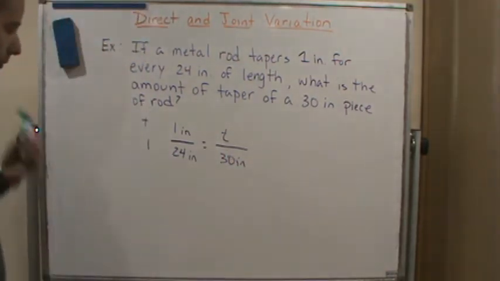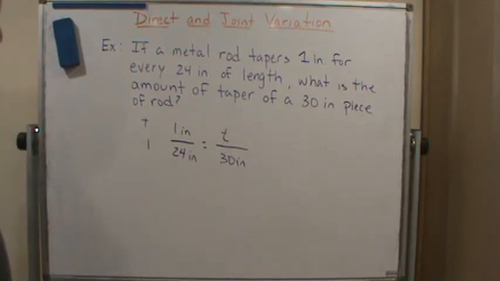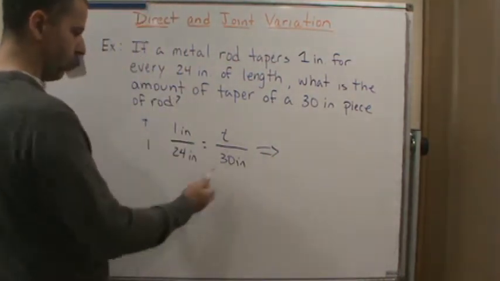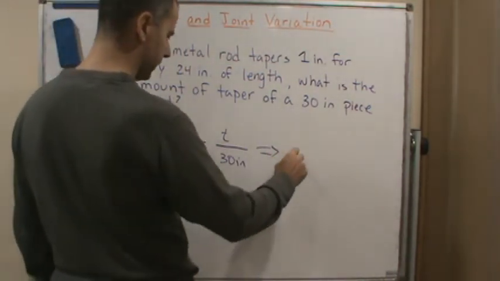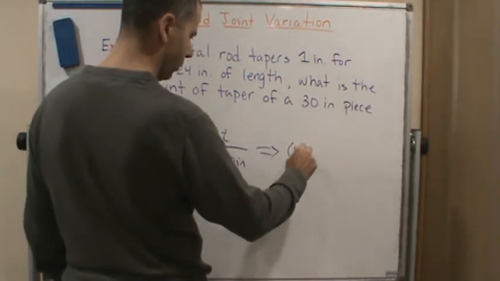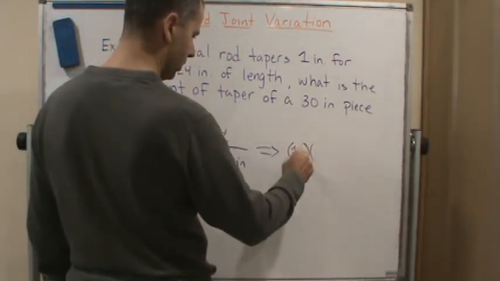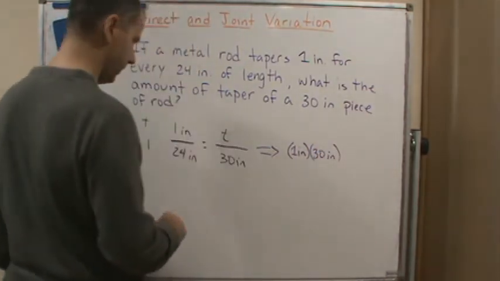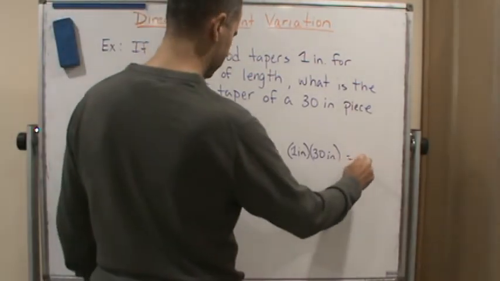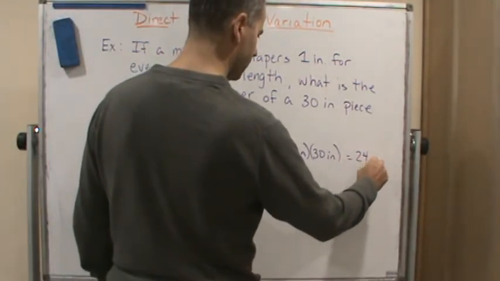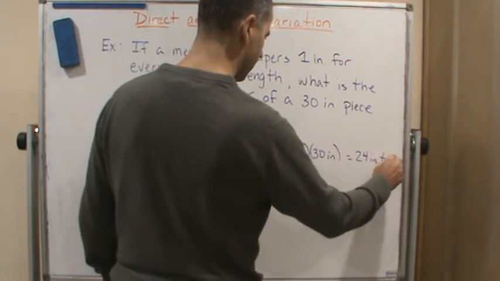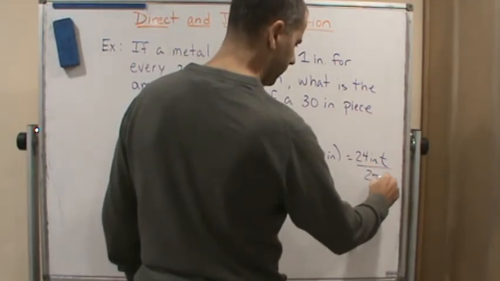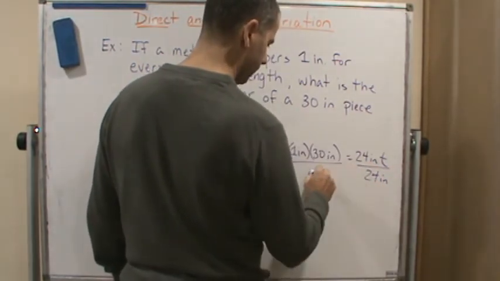Okay, so now I've got my proportions set up, so now I can go ahead and solve for T by doing the cross multiplication. So if I do the cross multiplication, I get 1 inch times 30 inches is equal to 24 inches times T. And so I'm going to divide both sides by 24 inches.